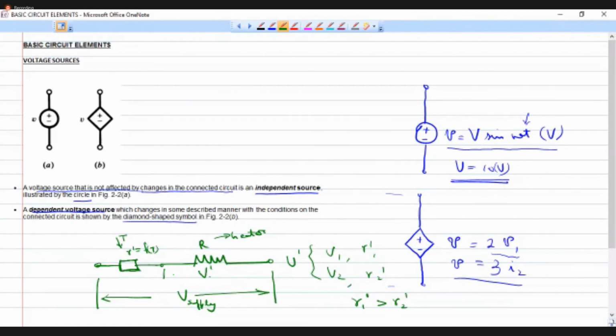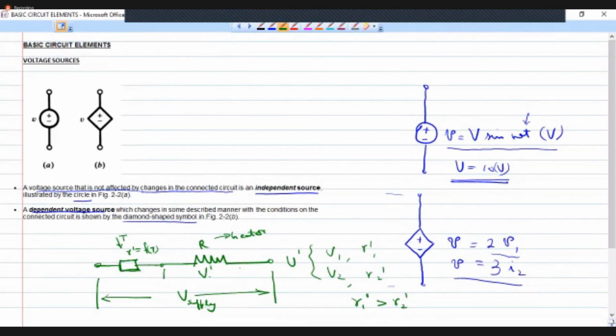So what is happening is that this V dash is a variable quantity. It is going to vary with respect to the temperature. So we can write V dash as a function of the outside temperature. How can we represent this? In circuit analysis, we can represent this by replacing it with a dependent voltage source like this for analysis purposes. This is AC because we are using AC voltage. We have not seen the symbol so far.